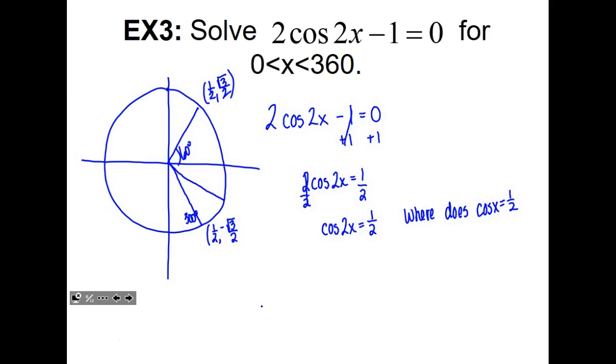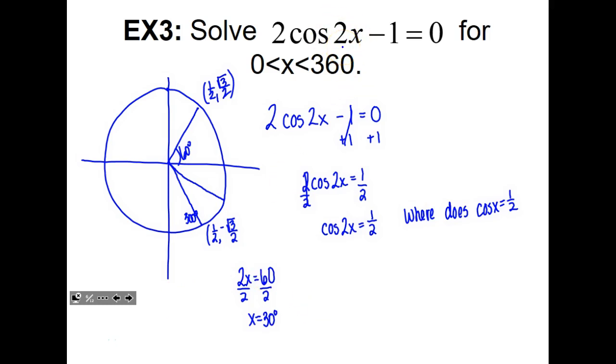Now, here's the catch. We don't just have cosine x equals 1/2. We've got cosine of 2x equals 1/2. Alright? So, I'm not going to say that x equals 60. I'm going to say 2x equals 60. Okay? Divide by 2, x equals 30 degrees. Which, if we think of it, makes sense because we want to take cosine of 60.